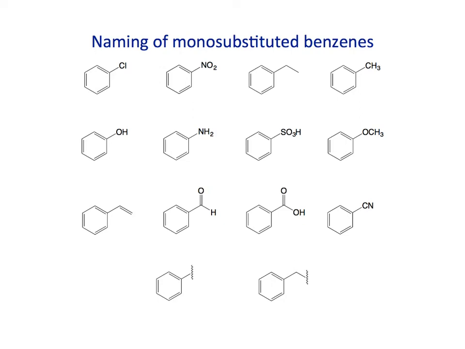Okay, so for example, upper left has a chlorine. We just call this chlorobenzene. All right? The next one over, do you know what this functional group is? A nitro group. This is just called nitrobenzene. Right? Here we've got an ethyl group. This is ethylbenzene.